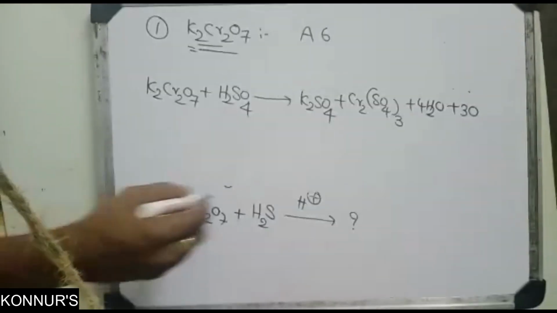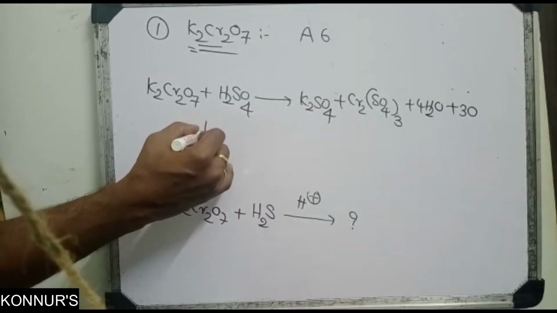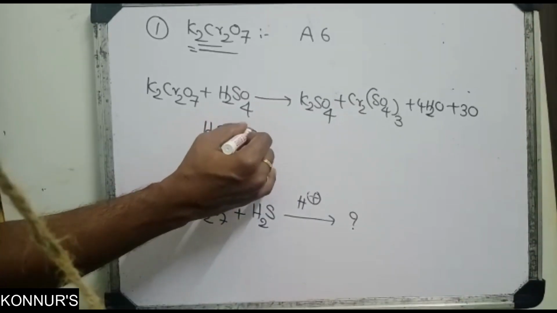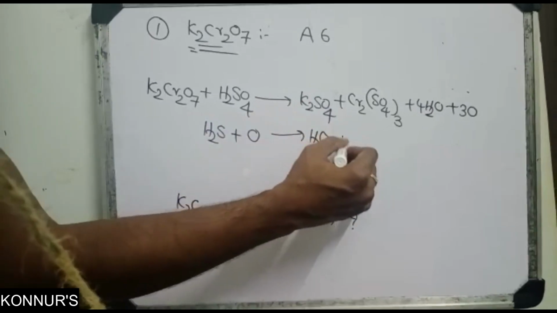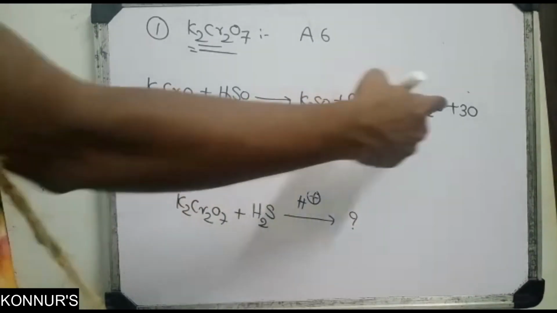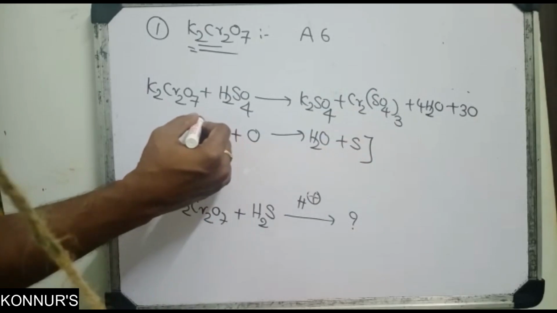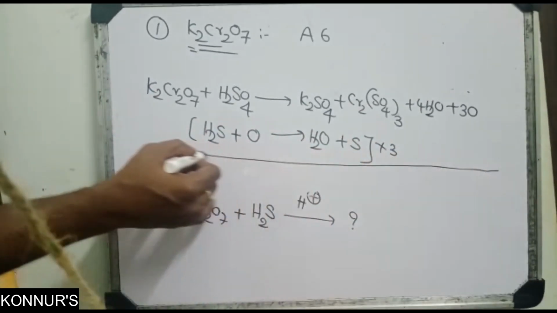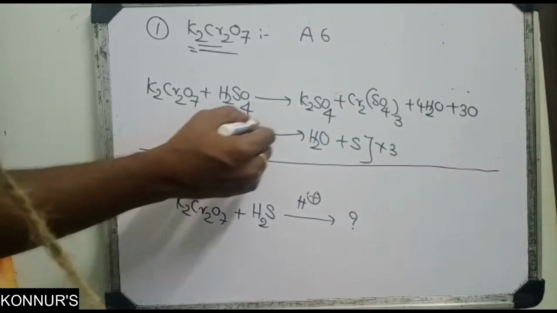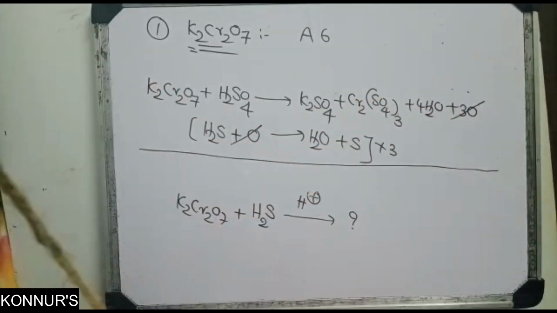Now what happens? This question is given. H2S takes that oxygen, so you get H2O plus sulfur. See here, 3 oxygens are coming, here only 1 oxygen is utilized. So that's why you multiply by 3. Then the 3 oxygens are cancelled.